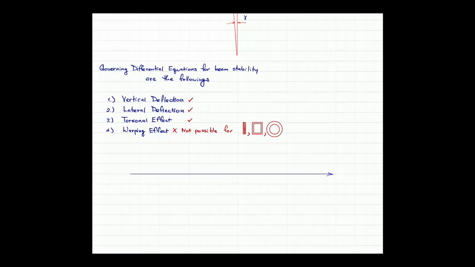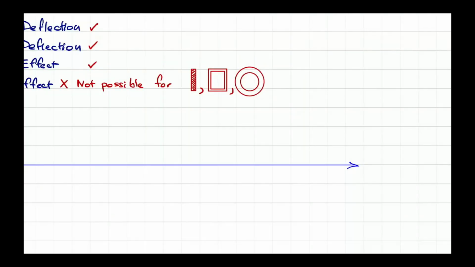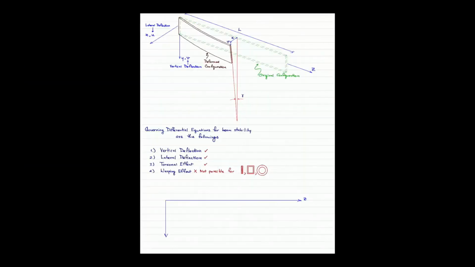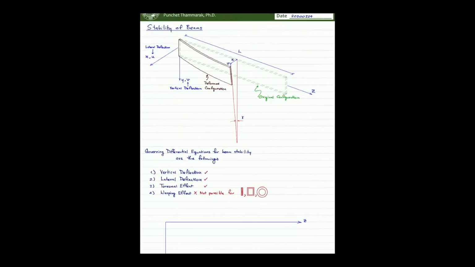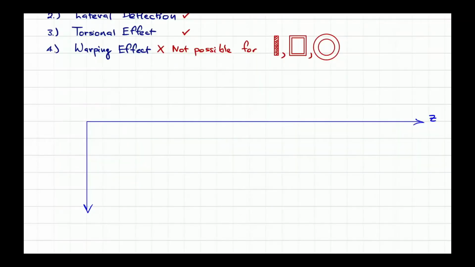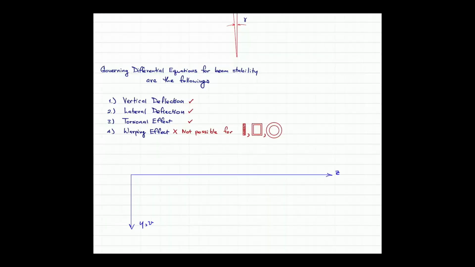So this is the z direction, and if we talk about the vertical deflection, then you're gonna have the y, and v is coming down this direction.